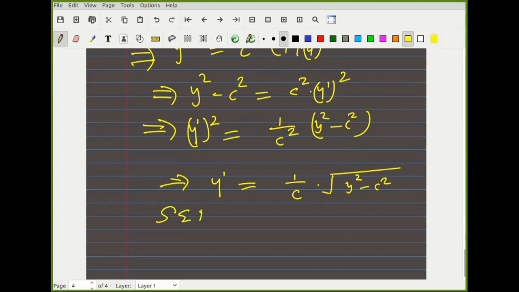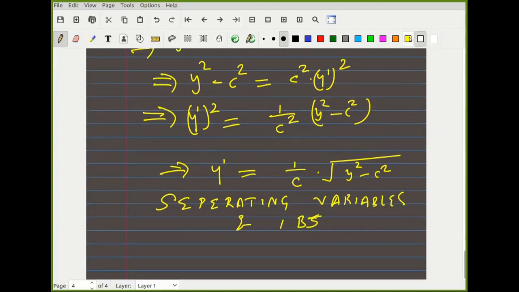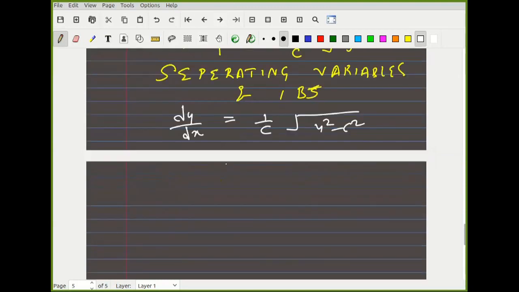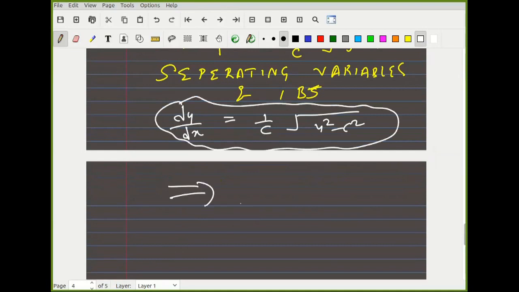So separating variables and integrating both sides, I'll write the appropriate differential equation. dy by dx is 1 by c root of (y square minus c square), which was my original thing.